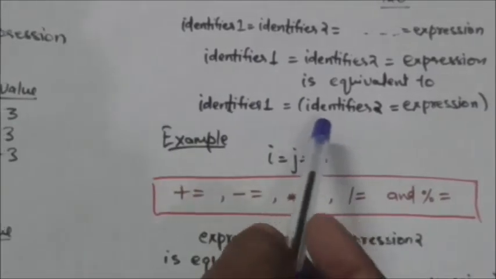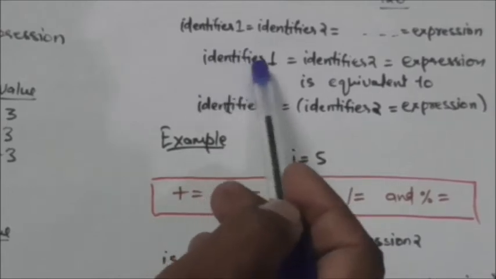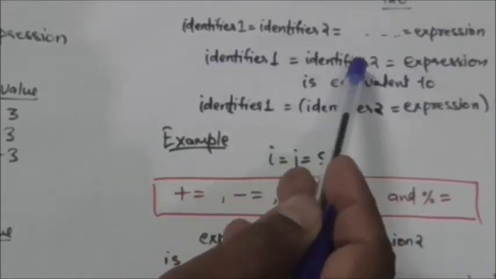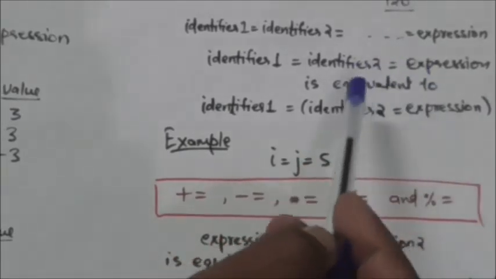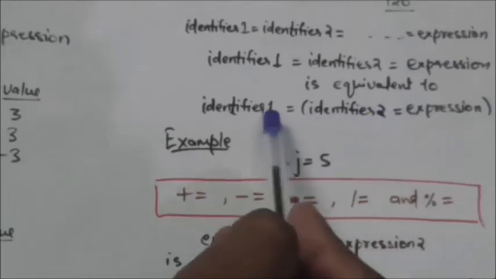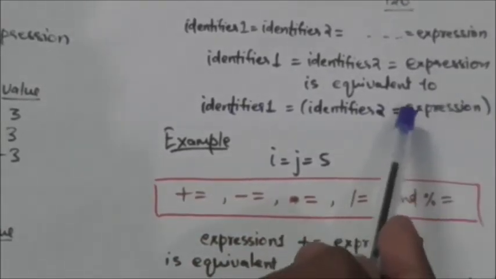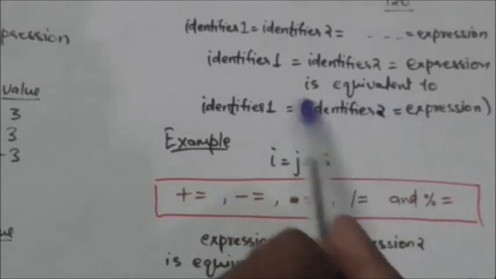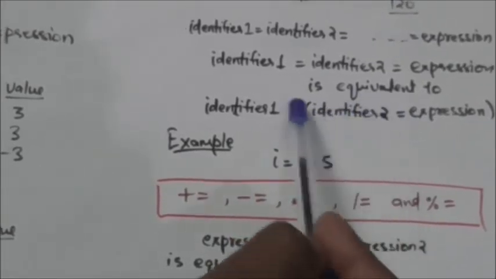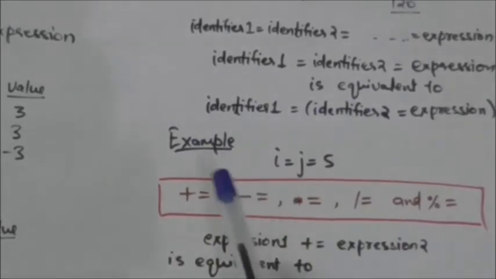So what does it mean? Now see this expression having multiple assignment: identifier 1 is equal to identifier 2 is equal to expression. First, the value of expression will be assigned to identifier 2, and then the value of identifier 2 will be assigned to identifier 1.